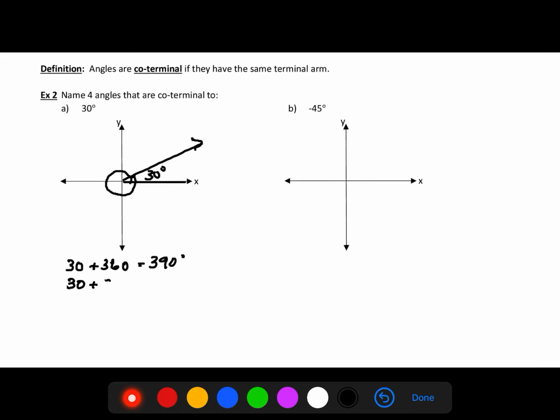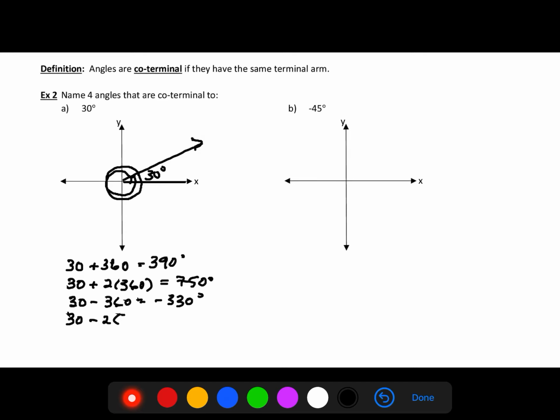We can add 2 rotations of 360, or 720, and an angle of 750 degrees would have the same terminal arm. We can also go backwards. So we can take away a full rotation. So an angle of negative 330 degrees would also end up in the same spot.